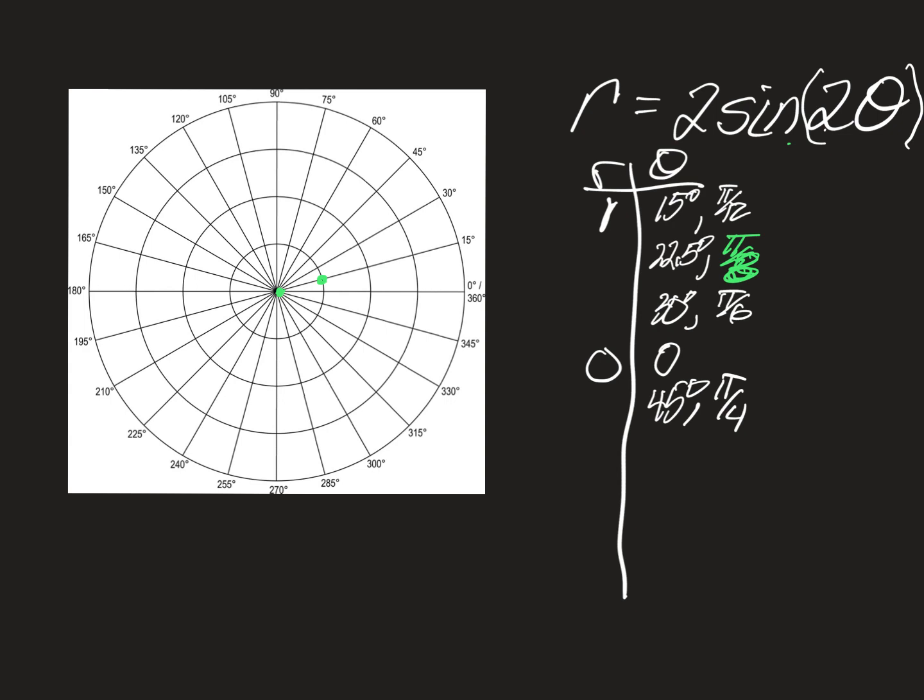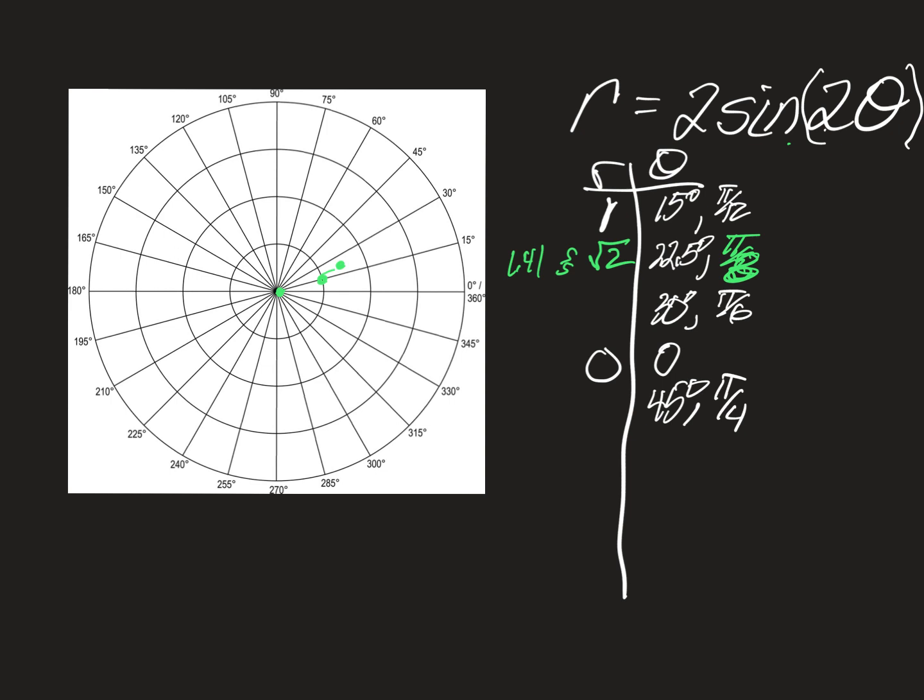That gives me square root of 2 over 2 times 2, which will give me just the square root of 2. So 22.5 degrees is halfway between 15 and 30, and I go out square root of 2, which is approximately 1.41, okay? And so that's about there.